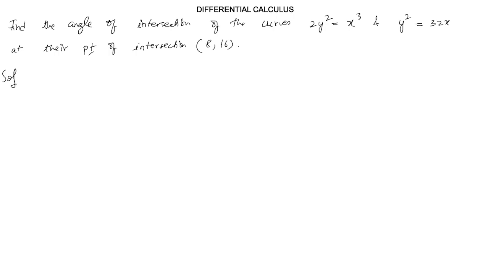Now let us try to solve this problem. The curve which is 2y square is x cube, and when you differentiate with respect to x, we get 4y dy by dx is 3x squared. And then dy by dx is equal to 3x squared over 4y.